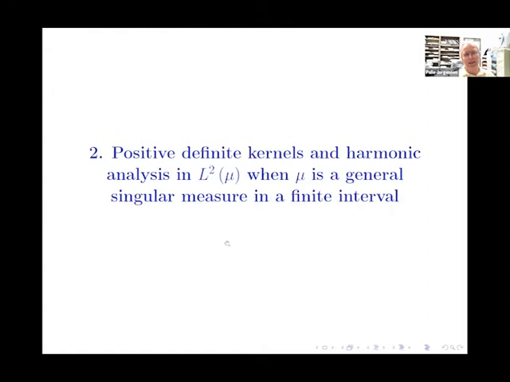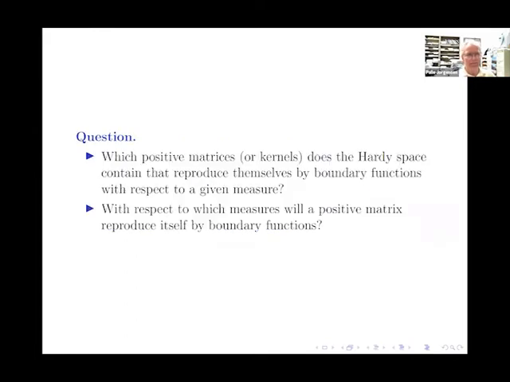The reason for this is that we want to use kernels on the disk. If you have a measure supported on a compact subset of the real line, you can rescale so that the support of the measure winds around and sits on a circle, and you can treat the circle as the boundary of the complex disk. And that would be a key approach to how we will be thinking about these things here.